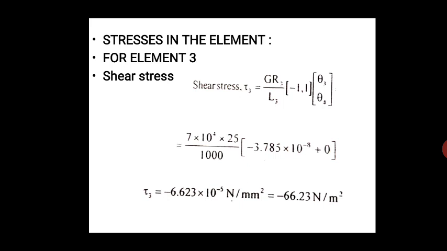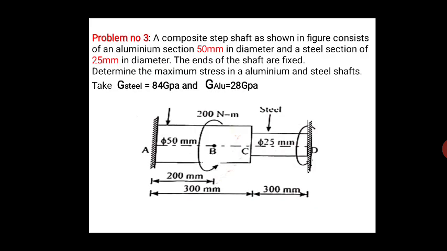Now we shall move to the next problem, that is problem number 3. Here, a composite step shaft as shown in the figure consists of an aluminium section 50 mm in diameter and a steel section of 25 mm in diameter, and both the ends of the shaft are fixed.